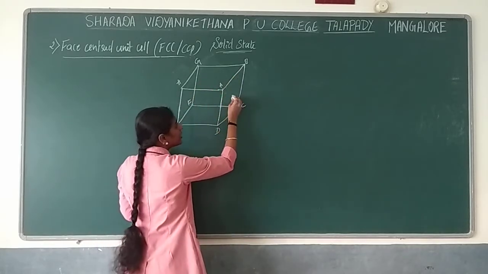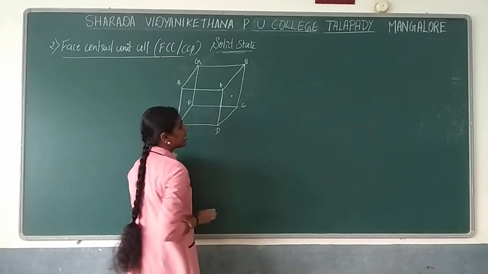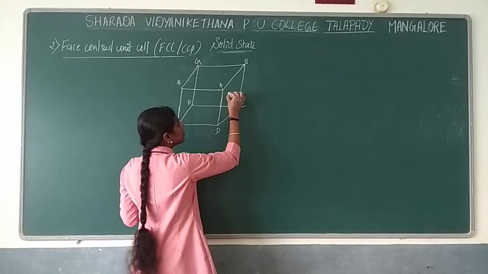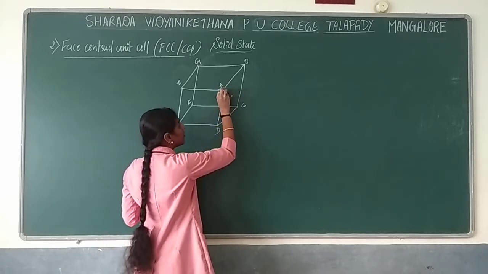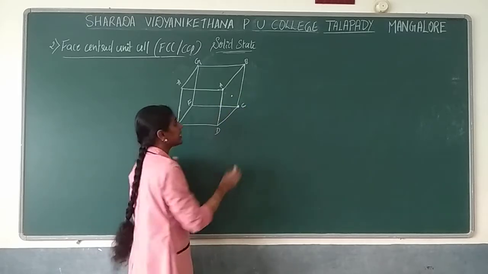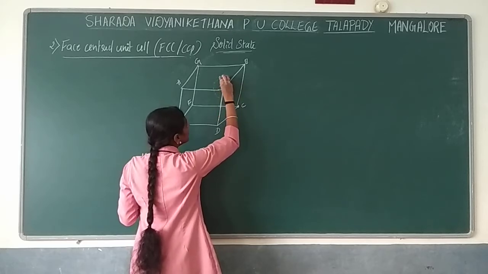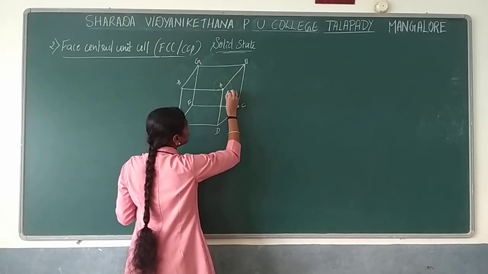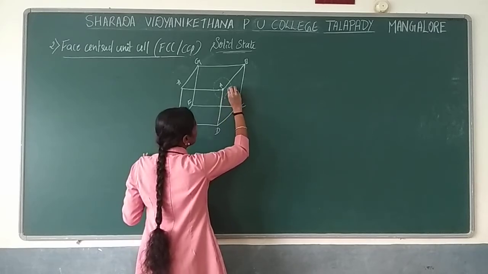Okay, so here if I consider the particle which is present in the face, the particle is present over here, right? Now I also consider the corner particles, because the particle is present in the corners also, right? So here just draw a circle at each particle, draw it neatly, okay?